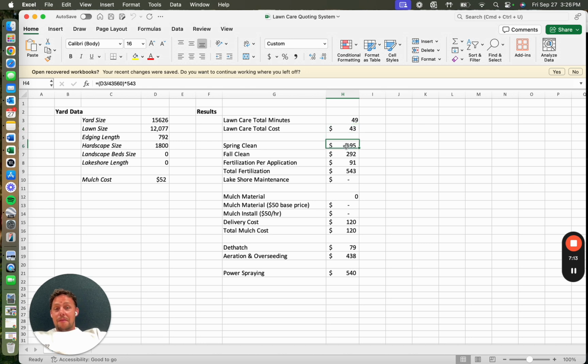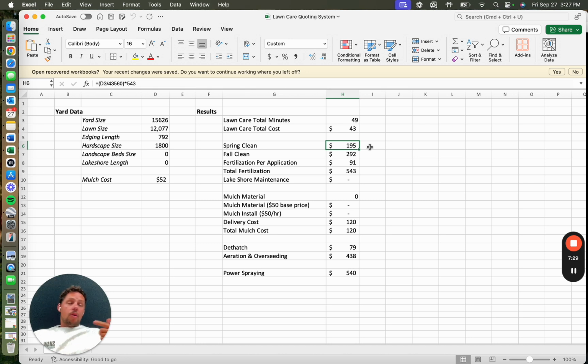And then from there, we started gathering data as quick as we could. So once we got clients, we'd go do a spring cleanup. We would mark how long it took us to do that spring cleanup, and then we would archive that, right?